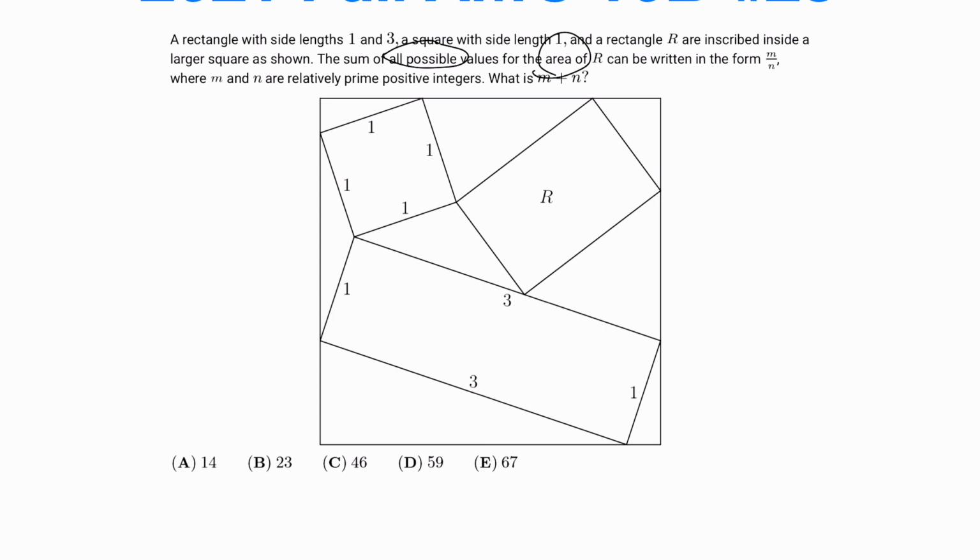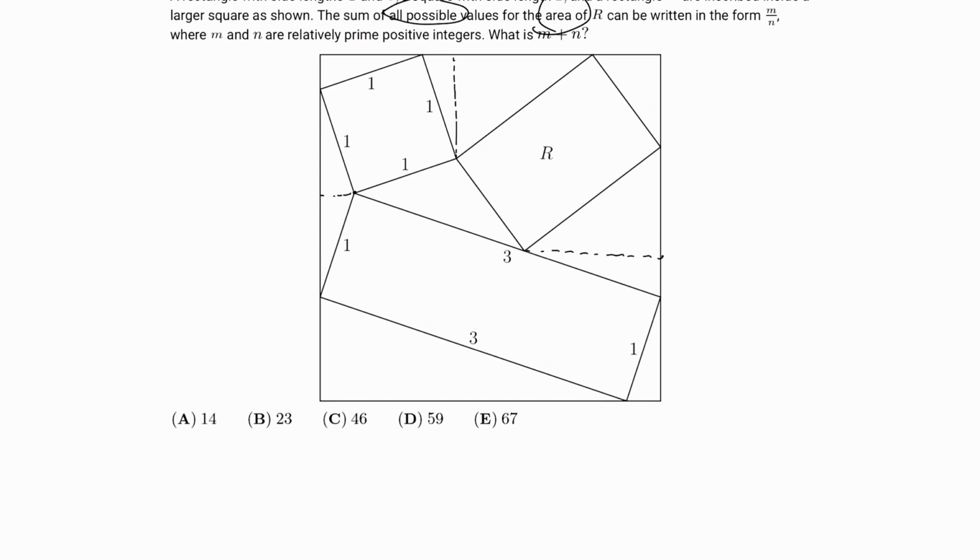So we can construct as many right triangles as possible to split this diagram into as many normal, quote-unquote, normal as in perpendicular, shapes as possible. Now we have divided this into several right triangles, squares and rectangles.